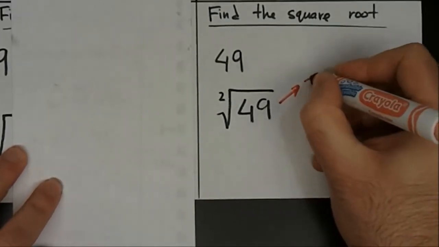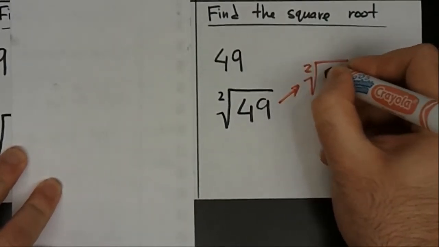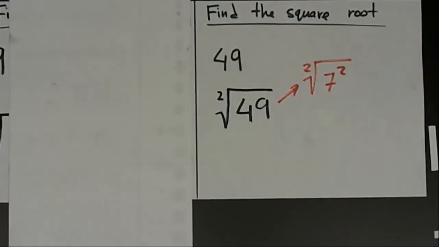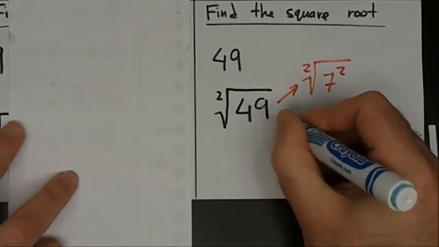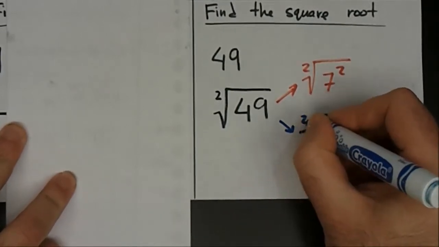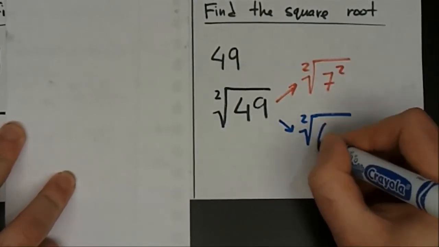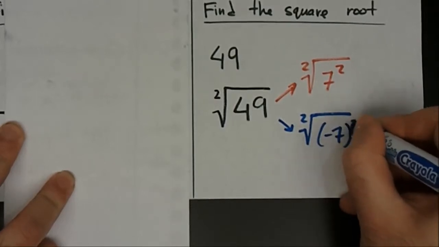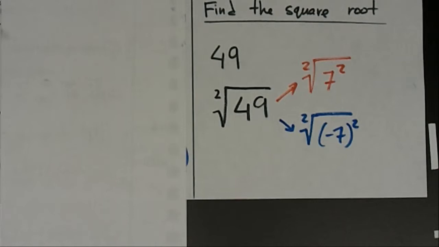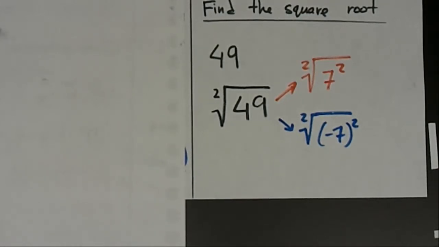So I can write it in 2 ways. Either as 7 squared or as negative 7 squared. And again, I like writing the 2's next to my radical to signify that it's a power of 2. The book is not going to. So what are my 2 square roots here?